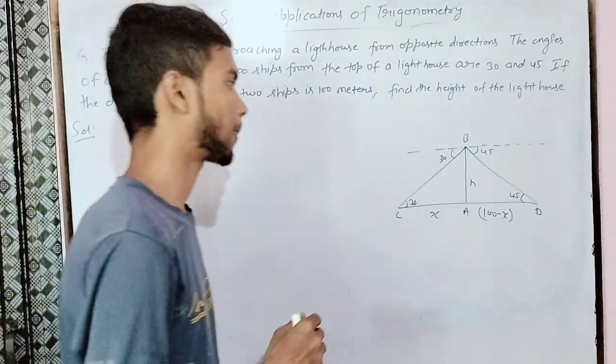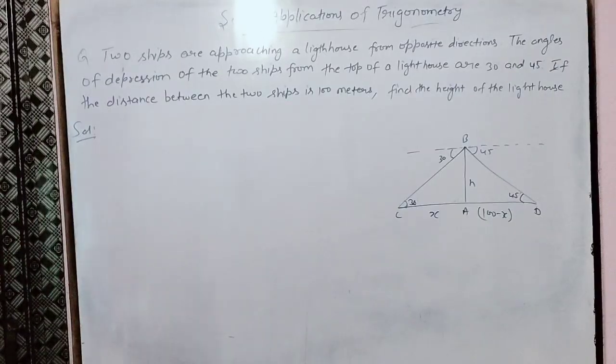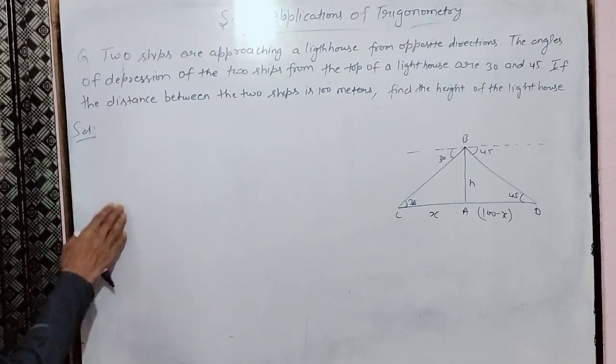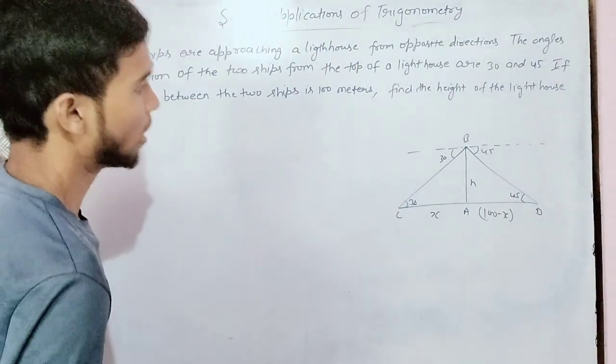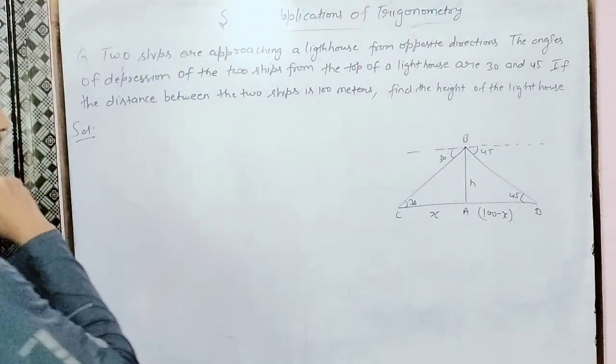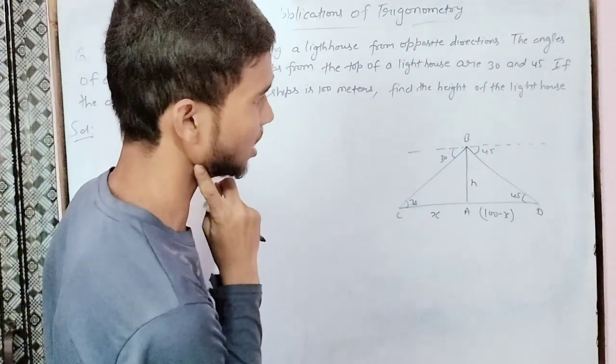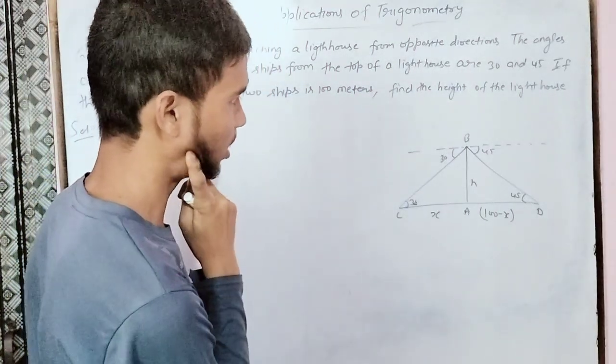So that's how alternate interior angles and corresponding angles work in the picture. Here we have triangle BCA, and second is ABD.